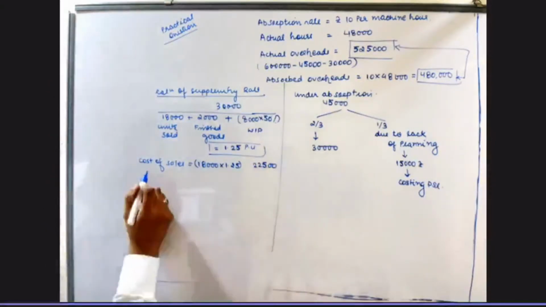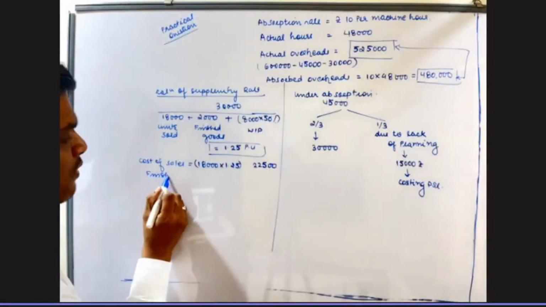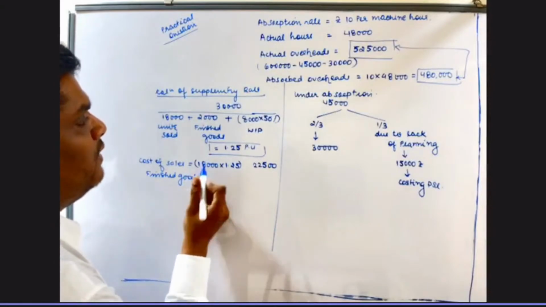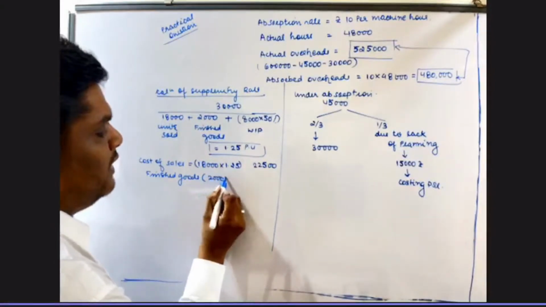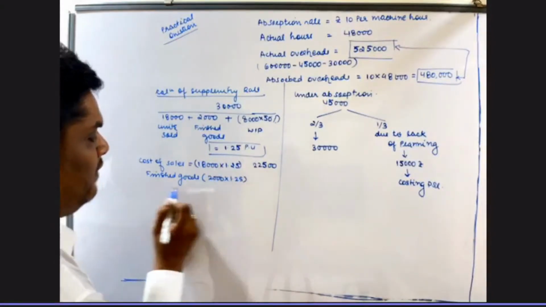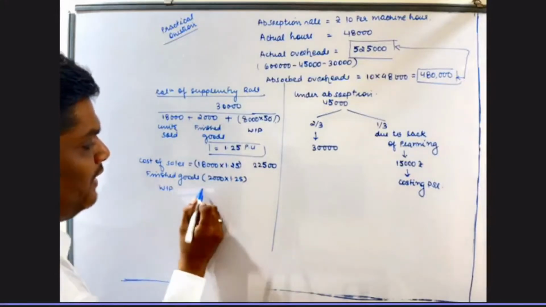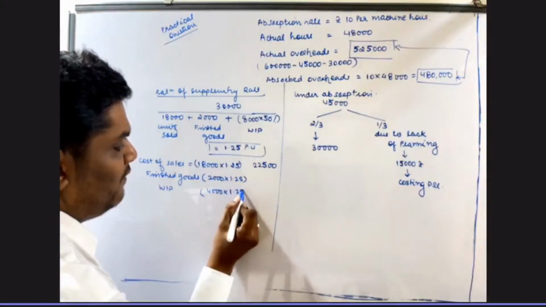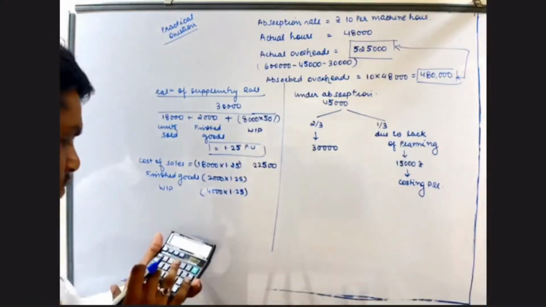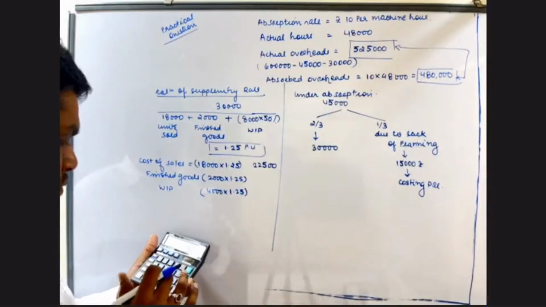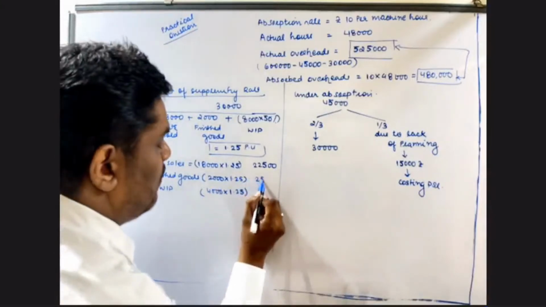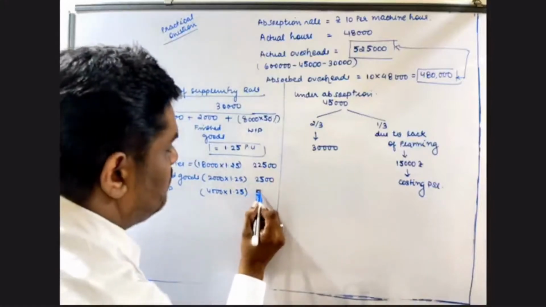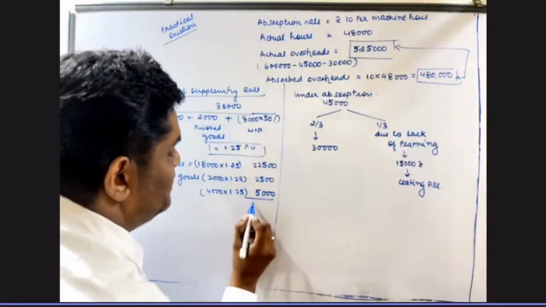When talking about finished goods, it will be 2,000 into 1.25. And when talking about work in progress, it will be 4,000 into 1.25. This is how we will deal with 30,000.